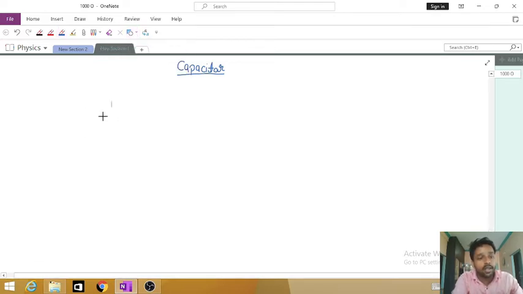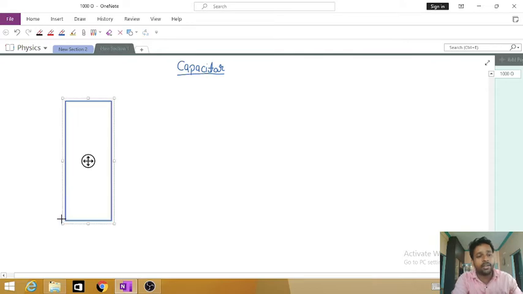Suppose there is a conductor material and initially it is uncharged, meaning the charge on this conducting plate is 0. If the charge is 0, then the electric field as well as the electric potential of this conducting plate is also 0. If we increase the charge, the potential due to this charge will also increase proportionally.